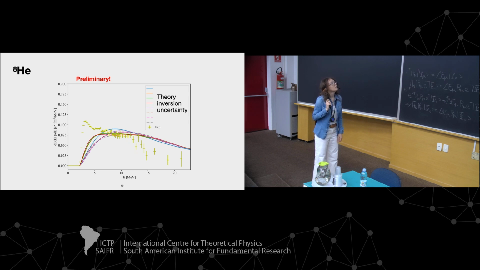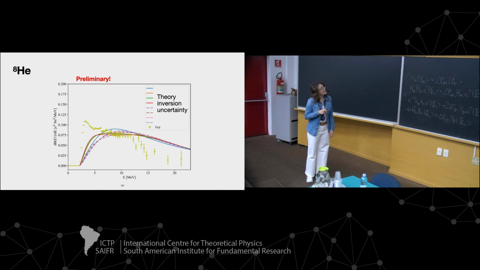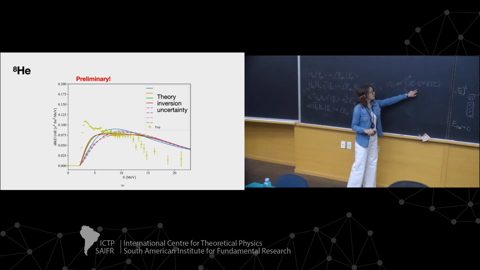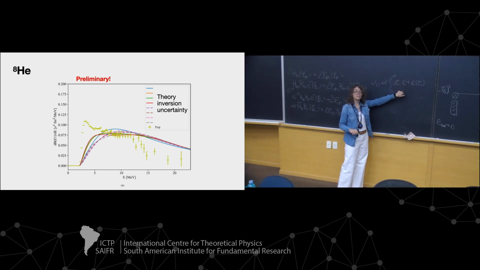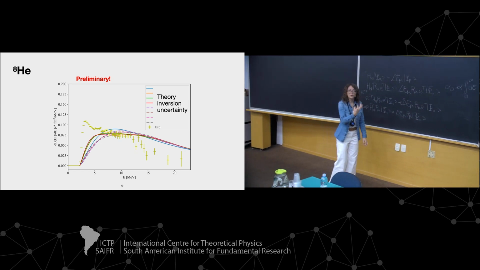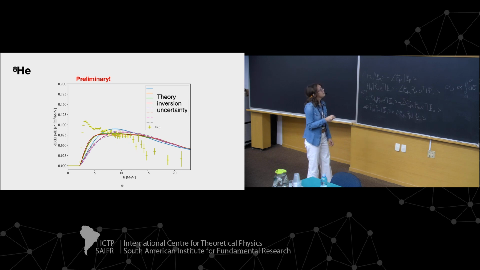This is something that you will hear more about in Miriam's talk. You can see that we lose some strength here at low energy, which is the point at which the polarizability gets the most contribution, because we have this inverse energy weight. So it means we are losing something at the level of the polarizability. But it's interesting to see that at higher energies, between 5 and 10 MeV, we are in very good agreement with the experimental data.